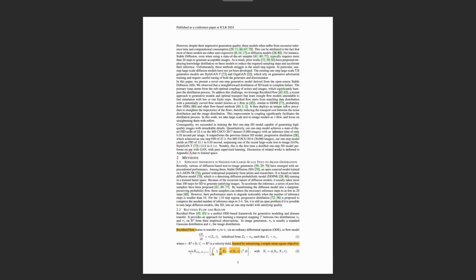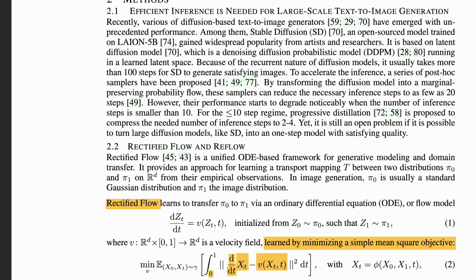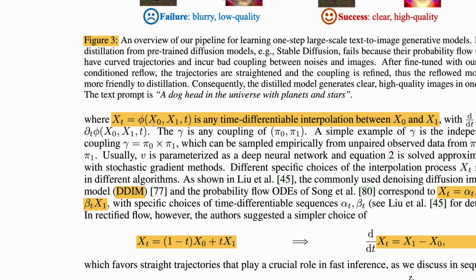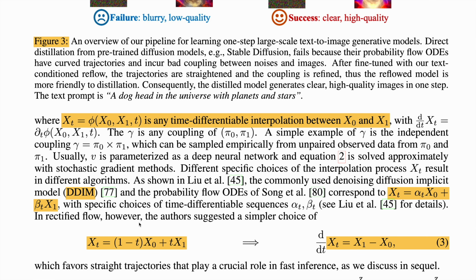Basically, in the objective we have the derivative of xt with respect to time. And xt is any time-differentiable interpolation between x0 and x1. In DDIM, we have this interpolation where xt is a function of x0 and x1 based on some scheduling alpha or beta. Here, with Rectified Flow, the mapping is very simple.